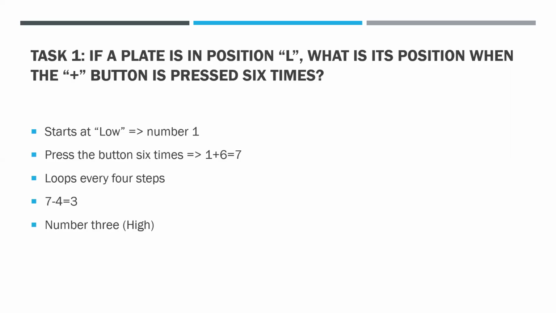So we calculate 1 plus 6, which equals 7. And because the system loops every 4 steps, we see what's left after counting full cycles of 4. 7 minus 4 leaves 3, and the number 3 represents high. So after 6 presses, the final position is high. Great.